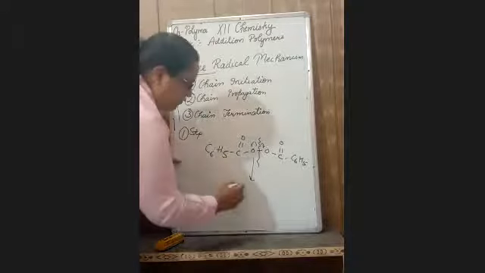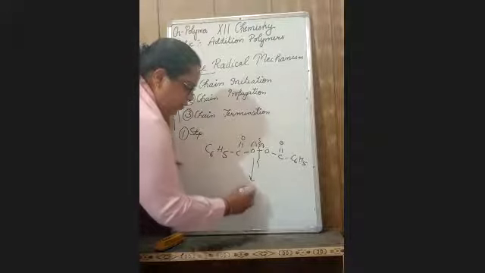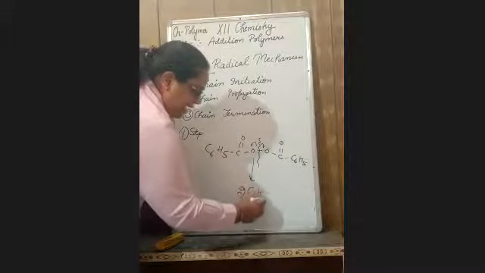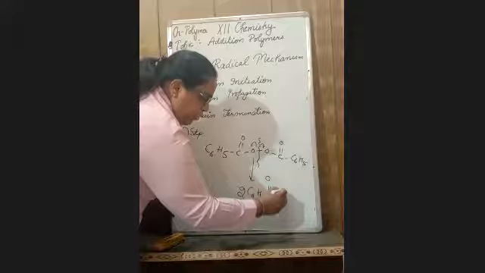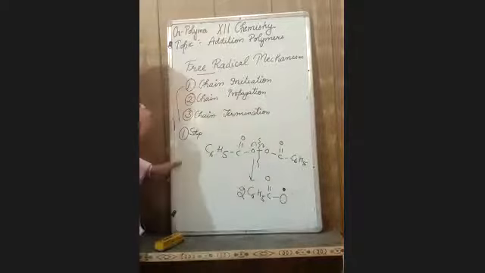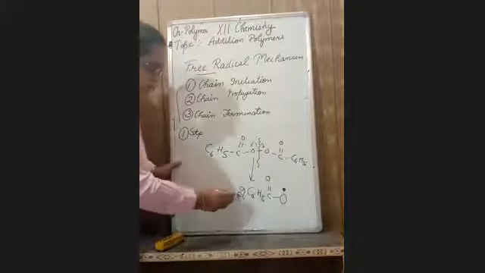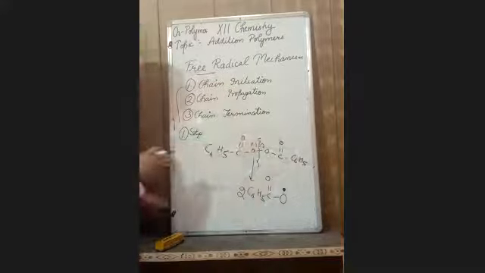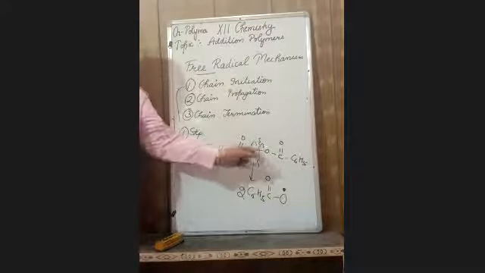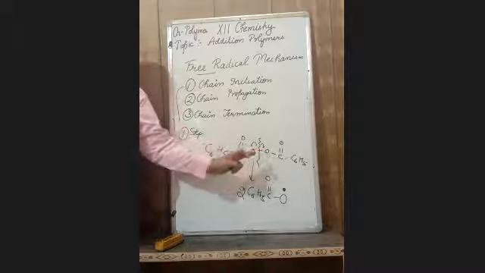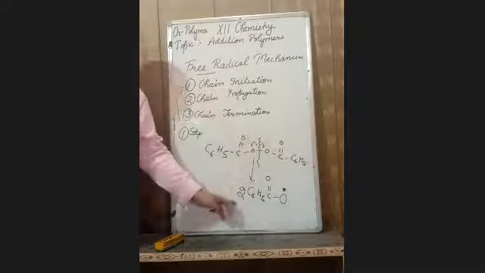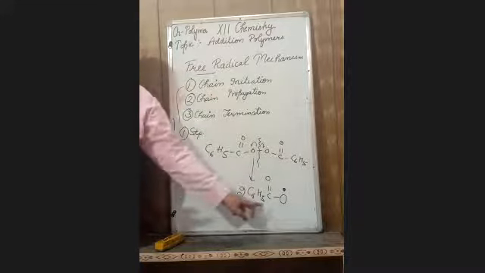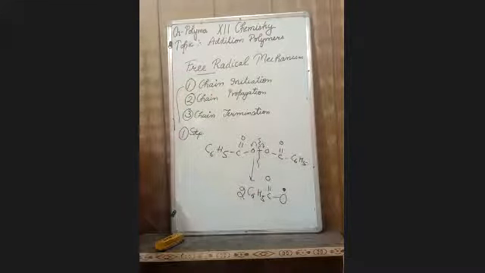They will form 2 molecules of C6H5COO, and this O has 1 electron. 2 molecules of this species will form. They undergo homolytic fission, where equal distribution of electrons takes place, and it will form free radical. It is the benzoyl radical.